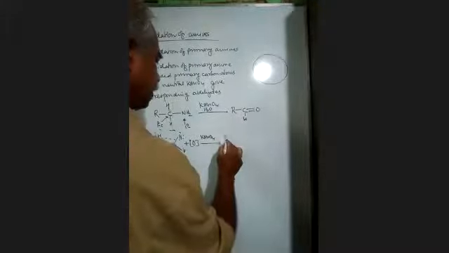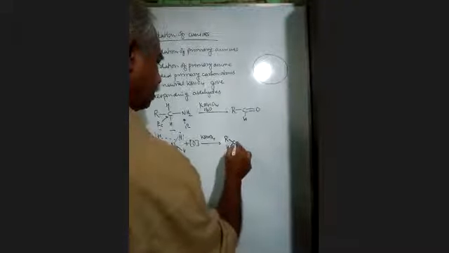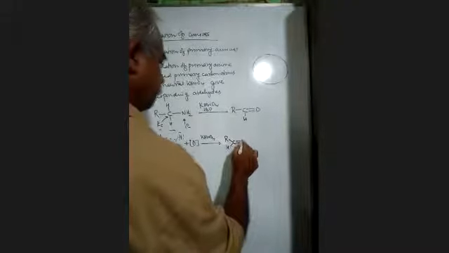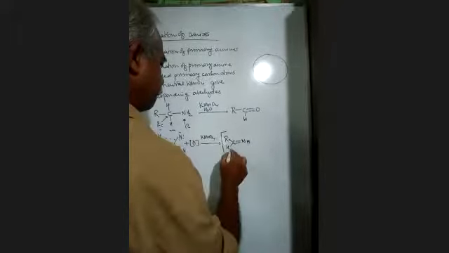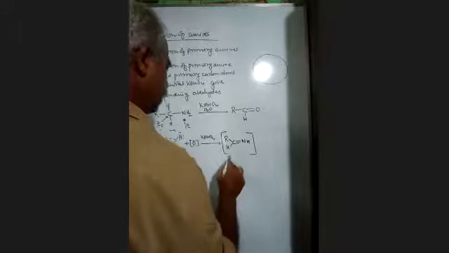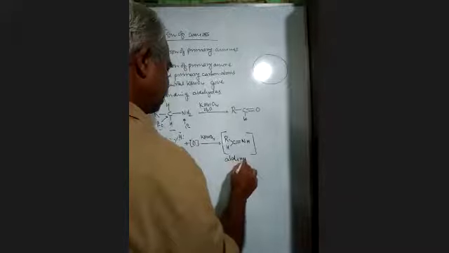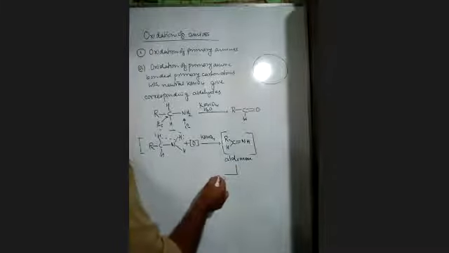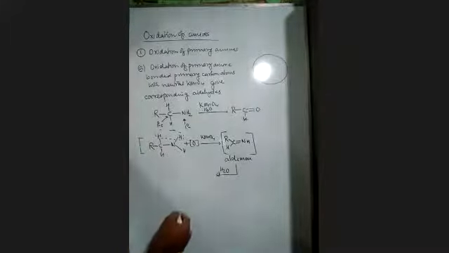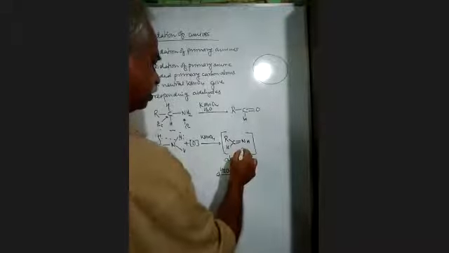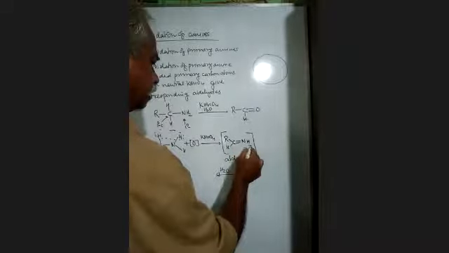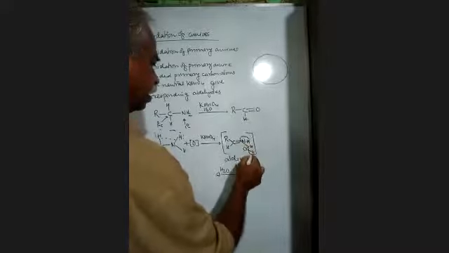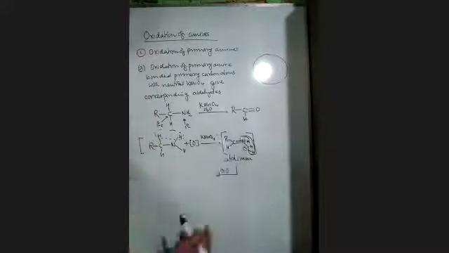So what you are going to get here? You will get an imine. You know unsaturated imines are not stable. Now water is there. Water hydrolyzes. See how it does. This I have already shown you in an earlier question. Oxygen comes because valence of oxygen is 2. So what do you get now here?